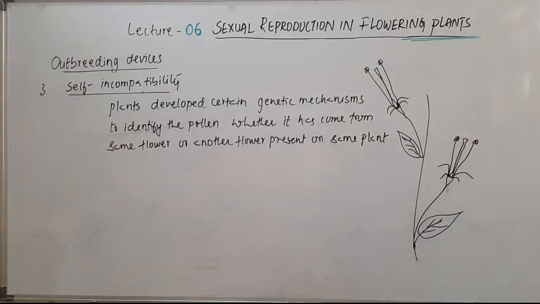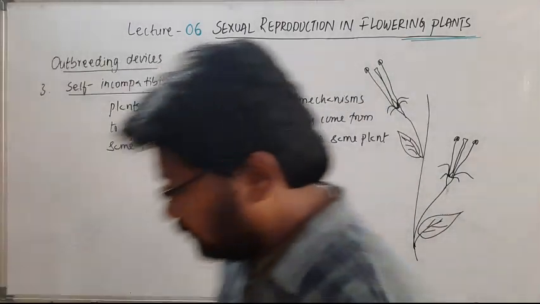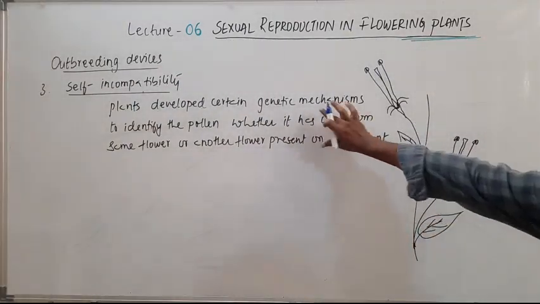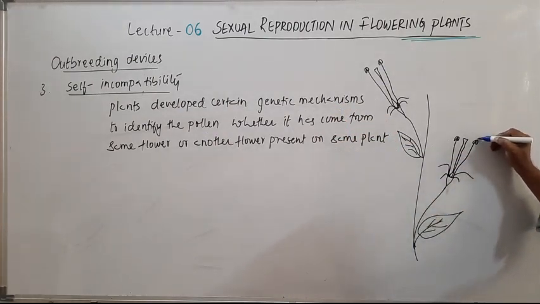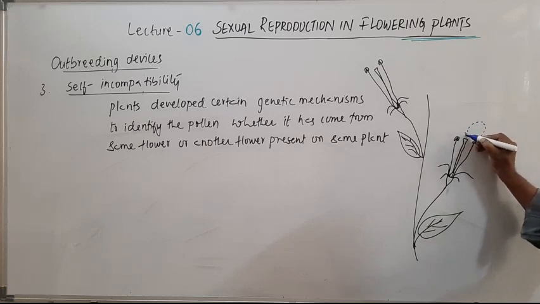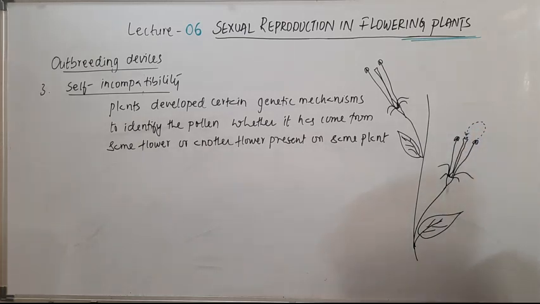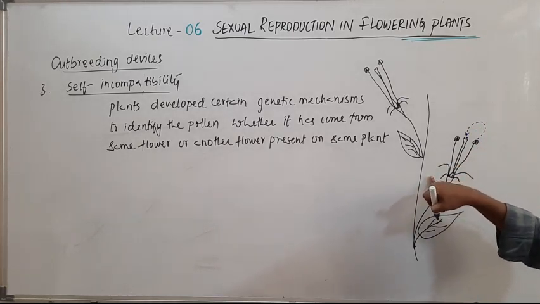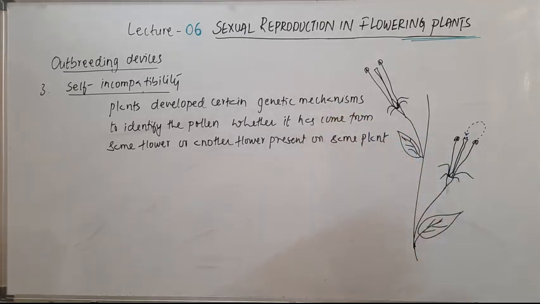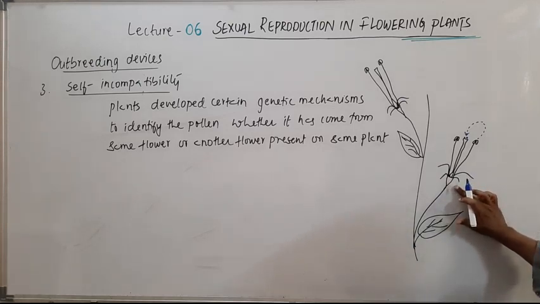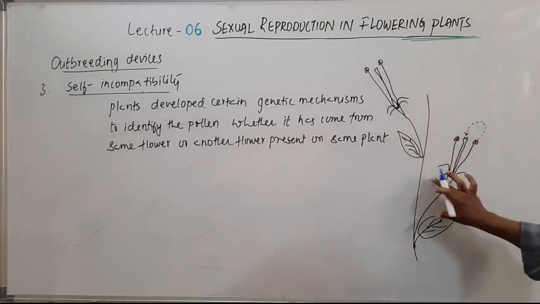As I mentioned, in the case of self-incompatibility, if the pollen grains from this anther come and settle on the stigma of the same flower, the plant will immediately recognize it, because it has genetic mechanisms with the ability to recognize whether the pollen has come from the same flower or from another flower present on the same plant.